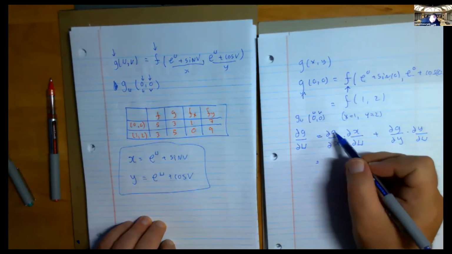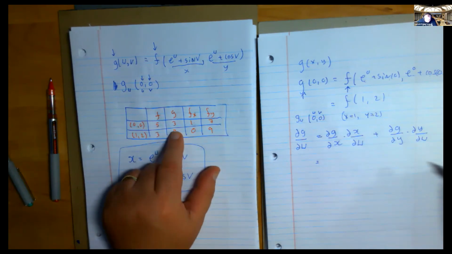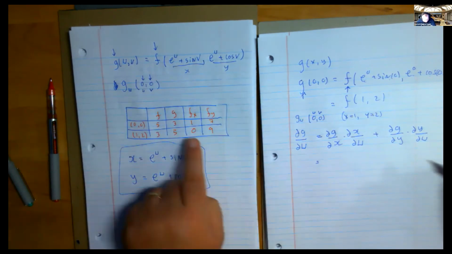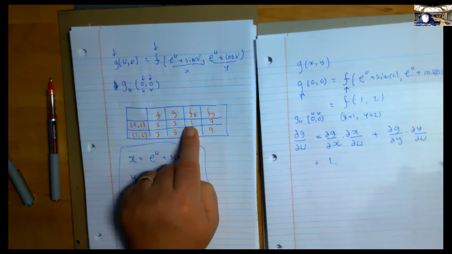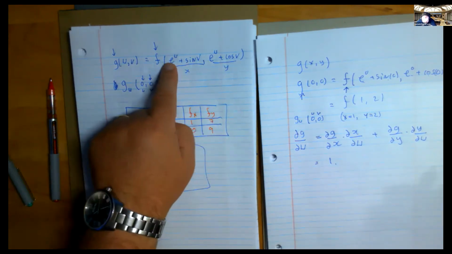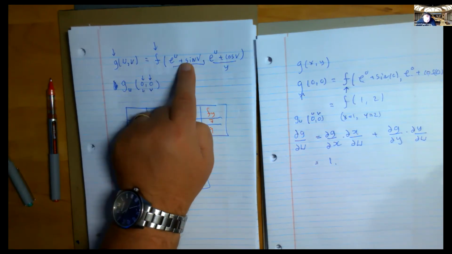So if you want to do the partial derivative of g with respect to x, you're basically doing this guy with respect to x, so you're finding this fella, so he's 1, and dx by du, well, if you differentiate dx by du, you've got this fella, and that's going to be e to the u plus cosine v.